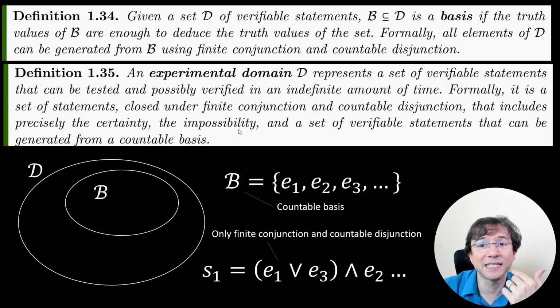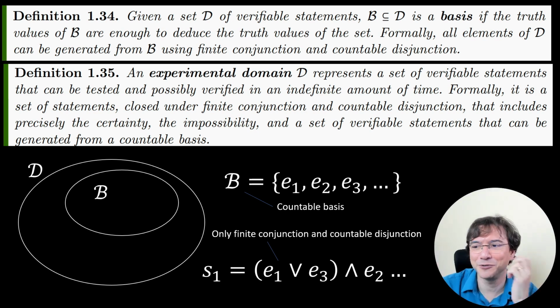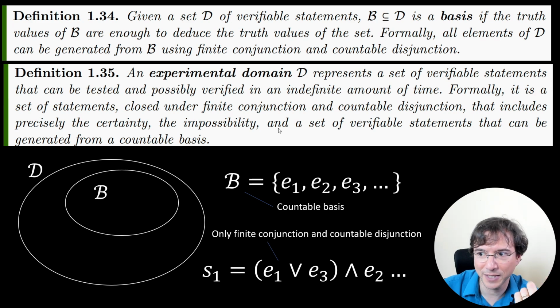And now, since we can only test countably many things, we define an experimental domain, formally, to be a set of statements that is closed under finite conjunction and countable disjunction. So basically, it gets all the statements that can be deduced one from the other, and includes the certainty, the impossibility, and a set of verifiable statements that can be generated from a countable basis.